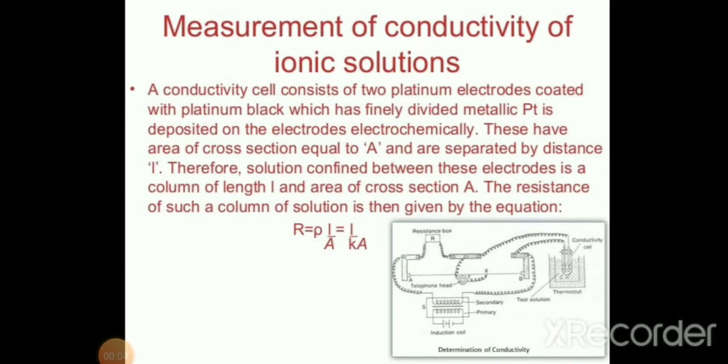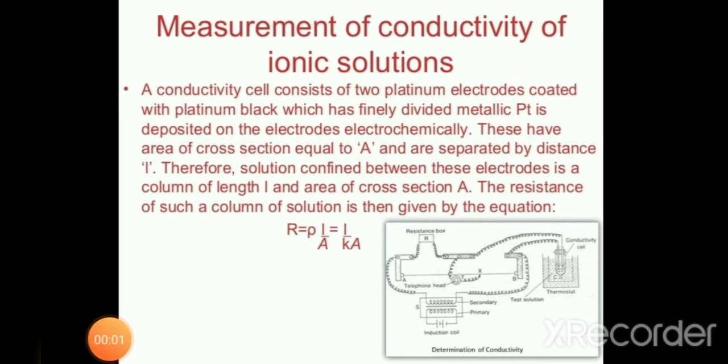We know that accurate measurement of an unknown resistance can be performed on a Wheatstone bridge. But for measuring the resistance of an ionic solution, we face problems. One problem is that passing direct current, that is DC, changes the composition of the solution. Another problem is that a solution cannot be connected to the bridge like a metallic wire.